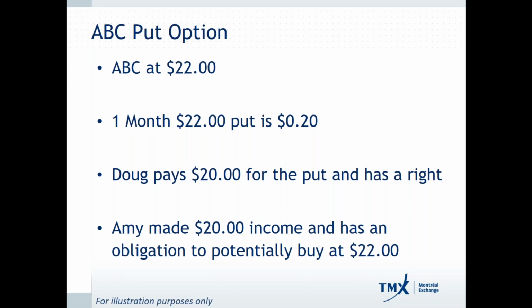So literally in this situation, rather than, let's say, Doug short selling $2,000 of ABC stock for 100 shares, Doug can turn around and pay $20 for a put option that has secured him a right to be able to sell the stock at $22, let's say, over the next 1 month.